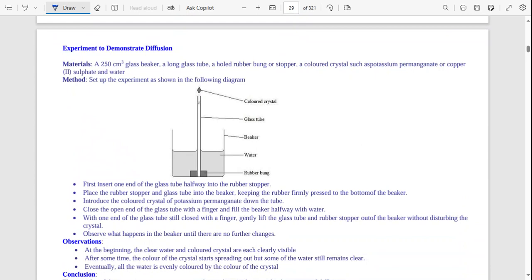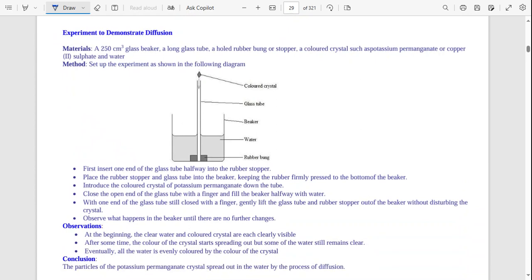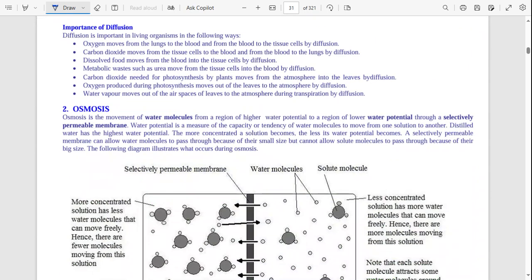So you can have experiments to prove diffusion, but that's not necessary here. Okay. Now, what is the importance of diffusion? In the lungs, remember, you breathe in air. That air that you breathe in has got oxygen. Now that oxygen has to move and go into blood.